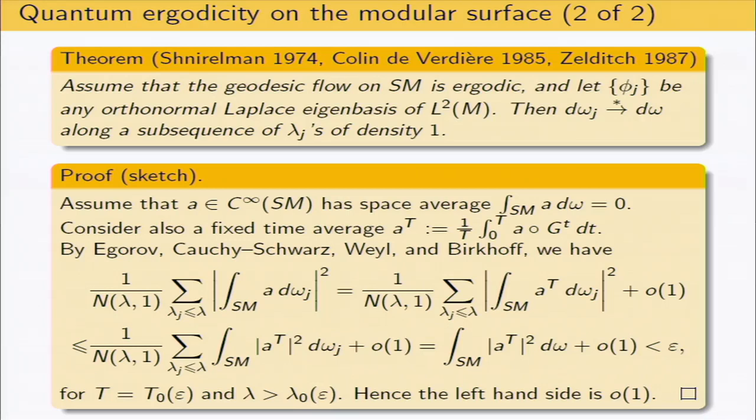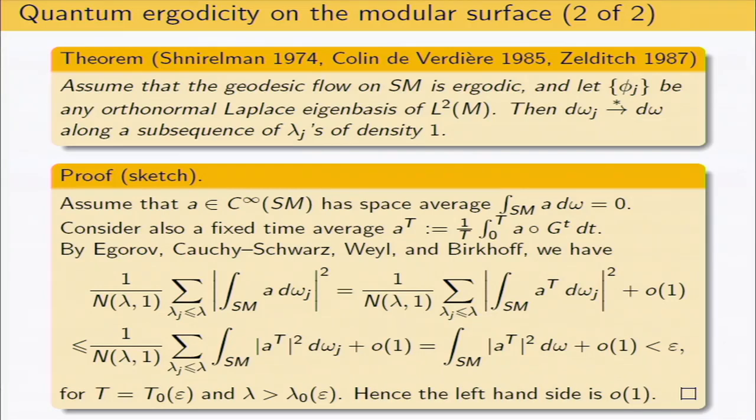By the Egorov theorem, nothing changes in the limit when a is changed to some translated copy of it for a fixed small t. So for our fixed capital T, nothing changes when a is replaced by its time average. Well, there is a small error coming from the error term in Egorov's theorem, but in the limit it will tend to 0.